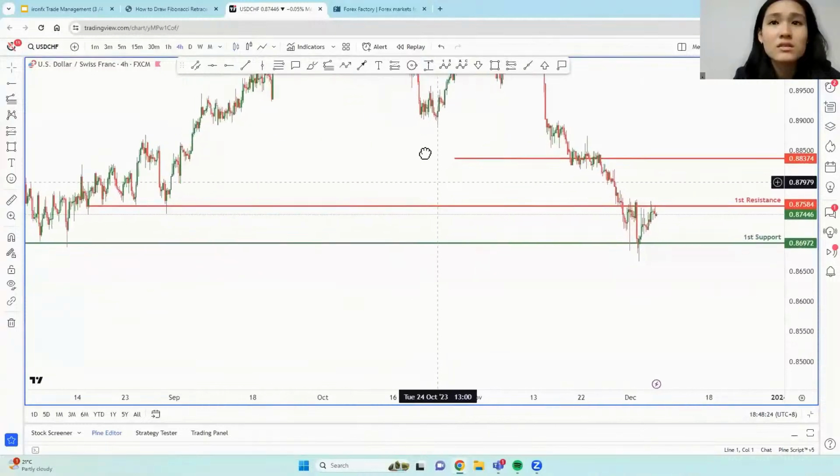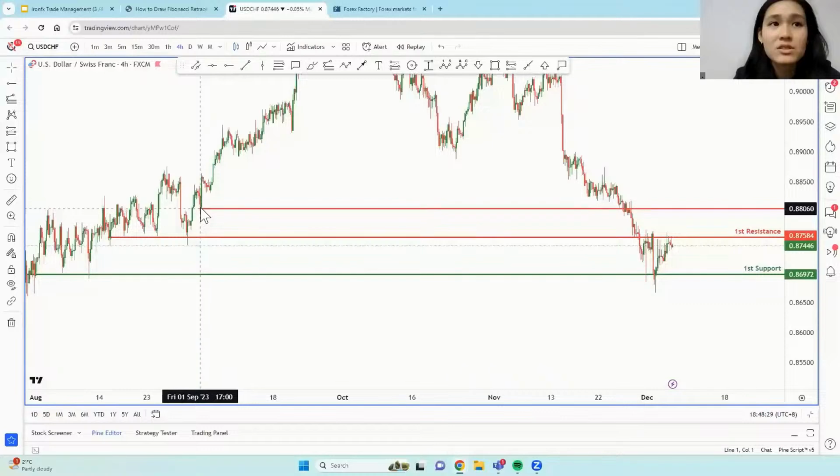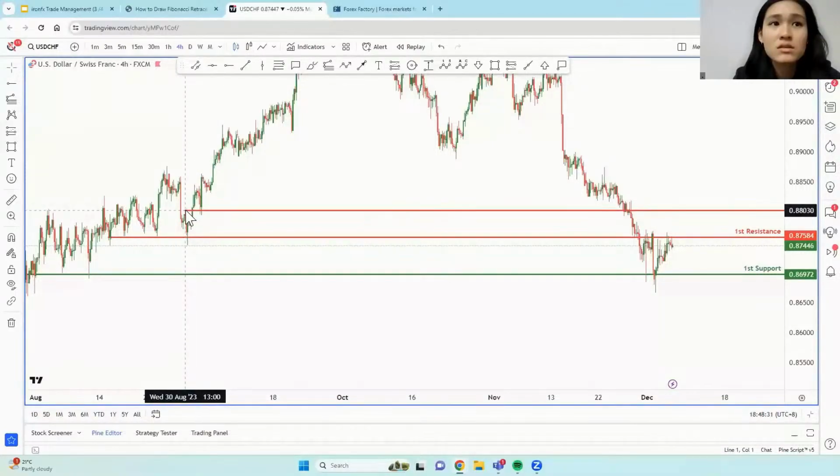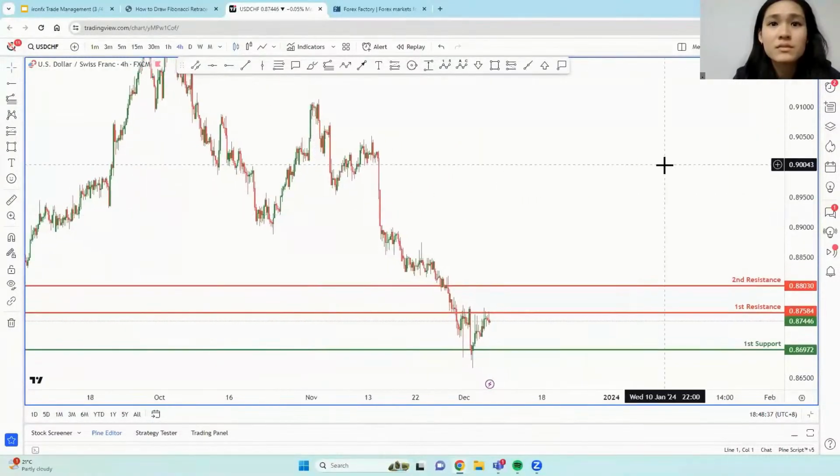Maybe I'll put a second resistance here as well.